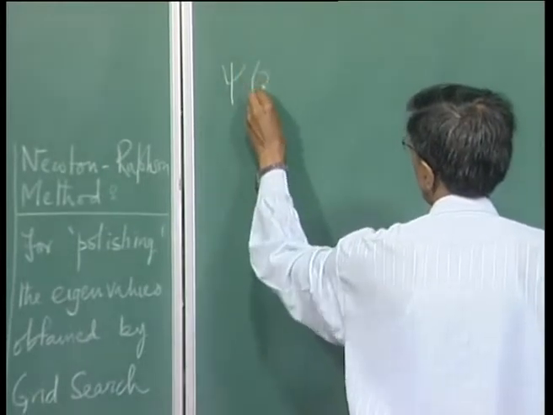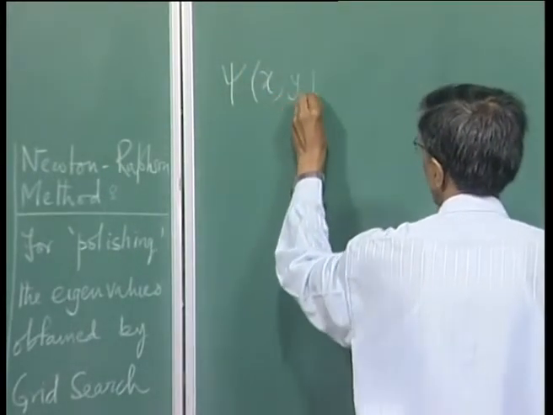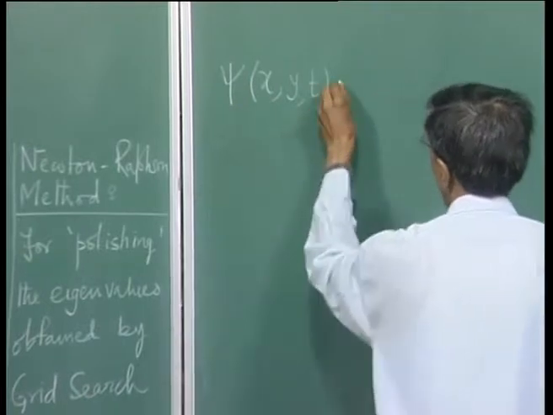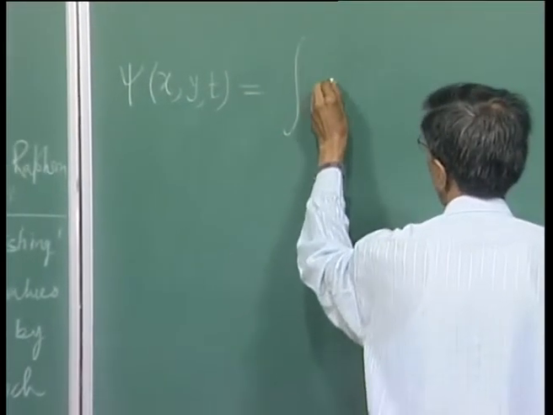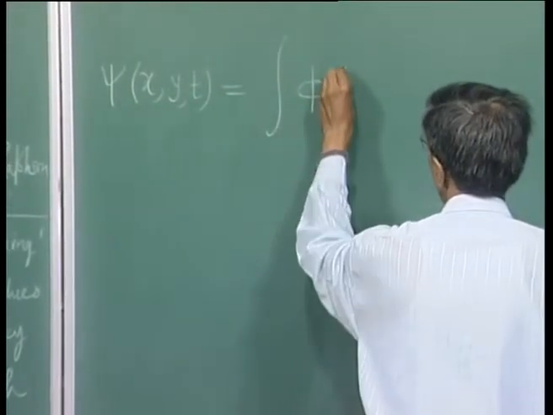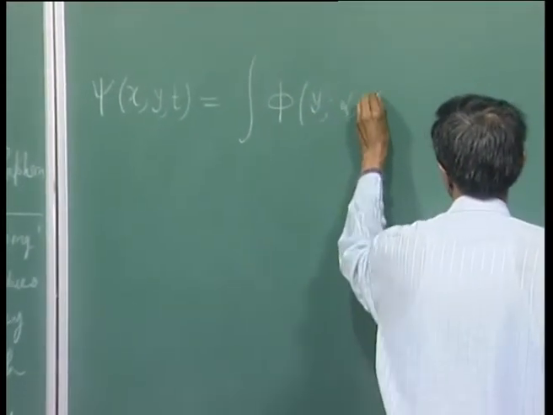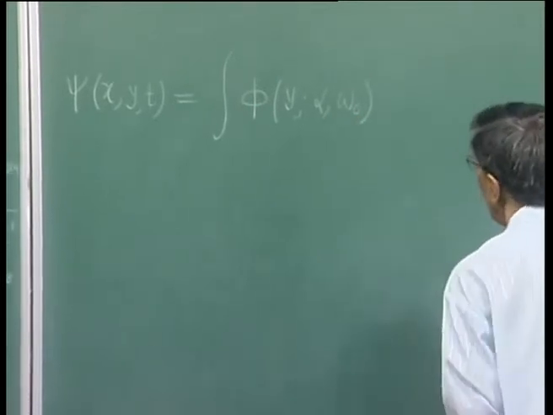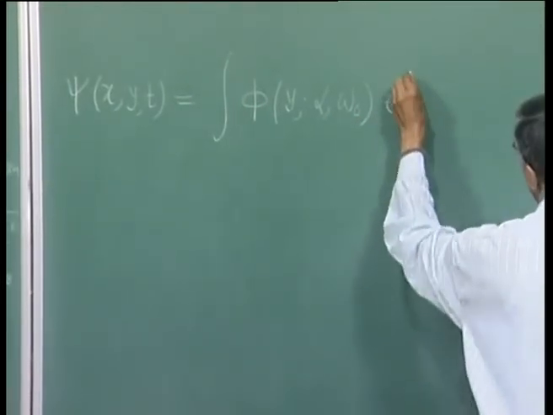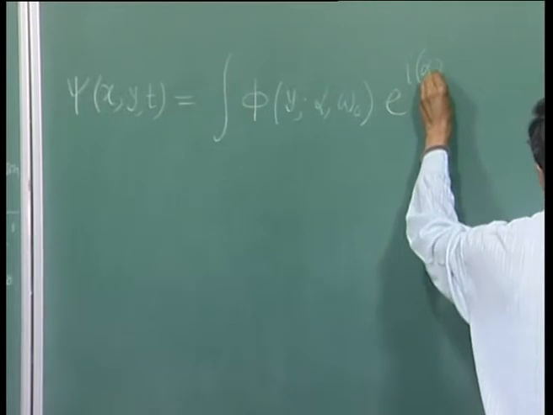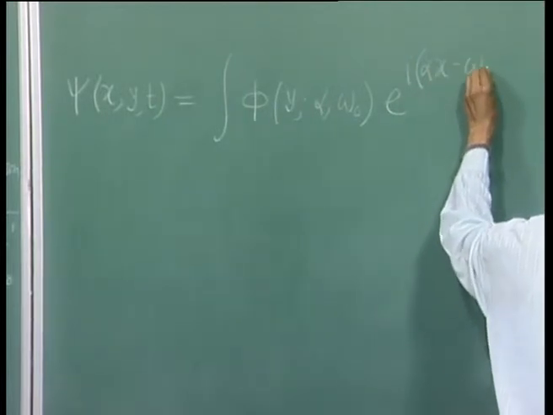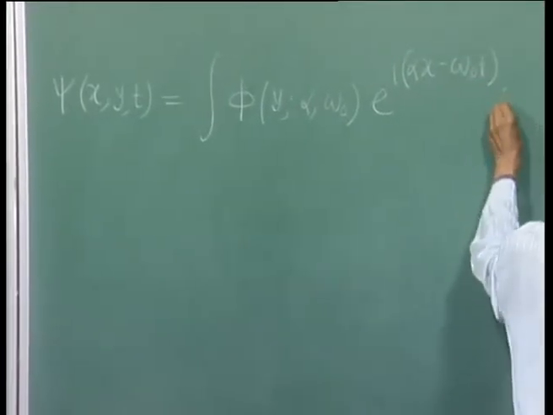suppose I represent a disturbance stream function like this in terms of phi, y, say alpha, omega naught, and e to the power i alpha x minus omega naught t d alpha.